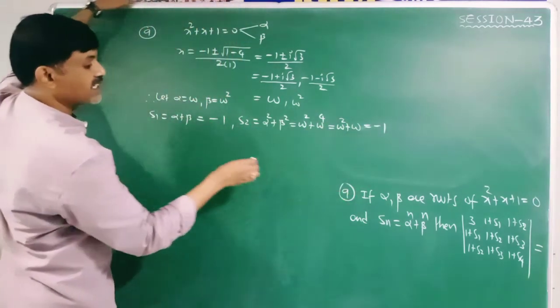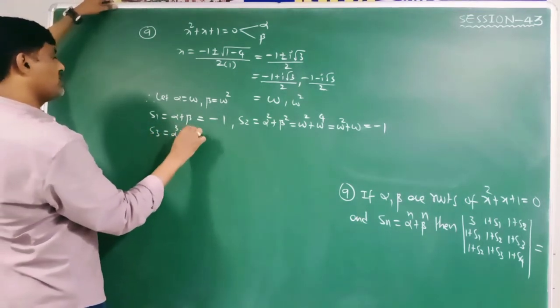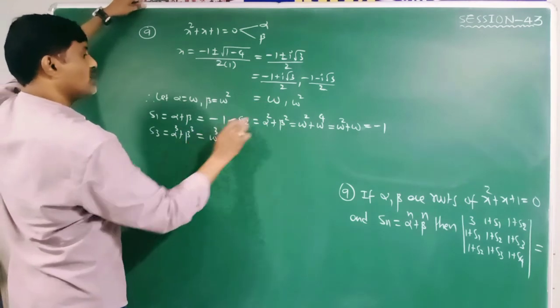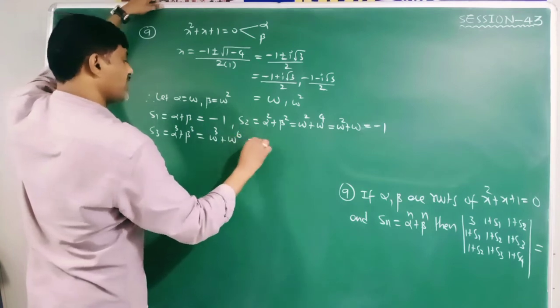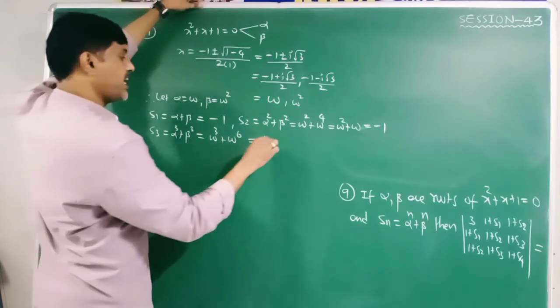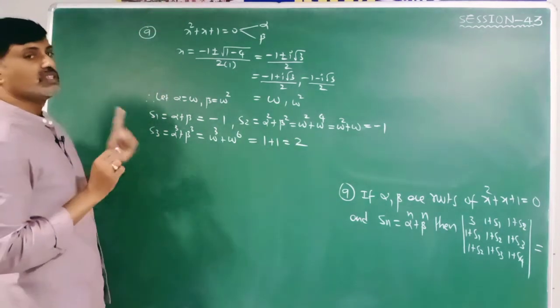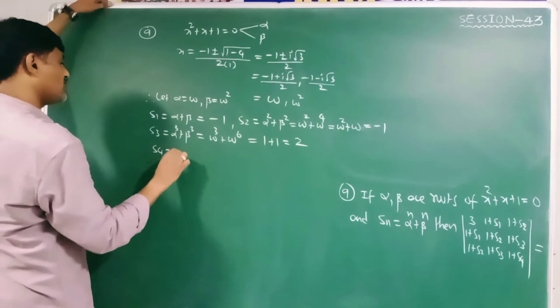Now what is S3? Alpha cube plus beta cube. Alpha cube is omega cube, plus beta cube is omega power 6. This is very clear. Omega cube is 1 and omega power 6 is also 1. You know very well omega power 3n is always 1. Next we have to find S4. What is S4?